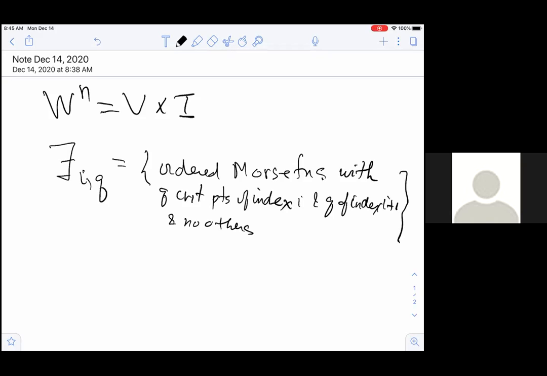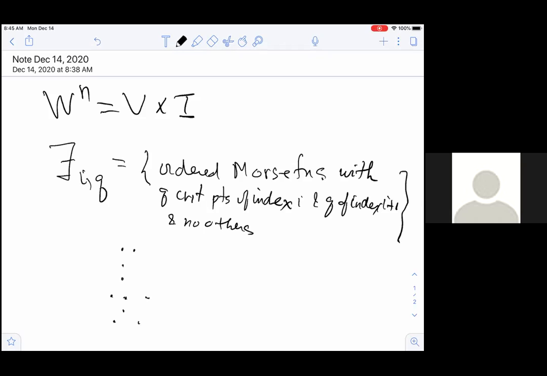So an ordered Morse function has some structure like this. It has critical points, so it's a Morse function, and these are the critical levels, and it's allowed to have multiple critical points at the various critical levels. That would be a typical graphic for the Morse function here.